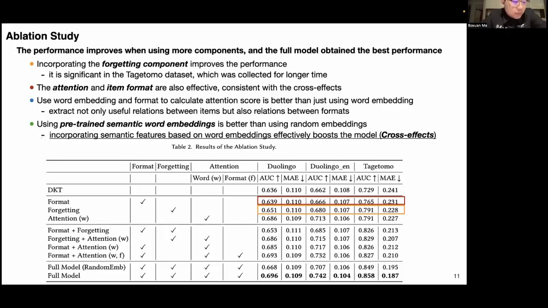Which may mean that memorizing words may be a fundamental aspect of language learning. So forgetting information is important in this task. The attention and item formats are also effective, which is consistent with cross effects.